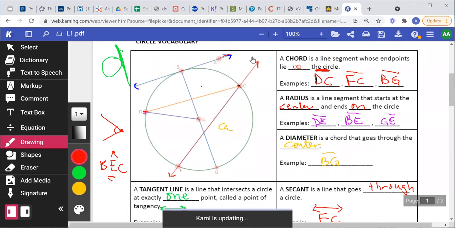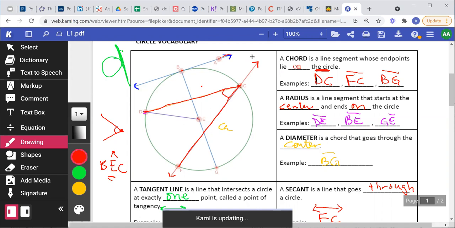The central angle has the center of the circle as its vertex. The inscribed one has its vertex on the circle. So if you take this angle here, this is an inscribed angle, okay?